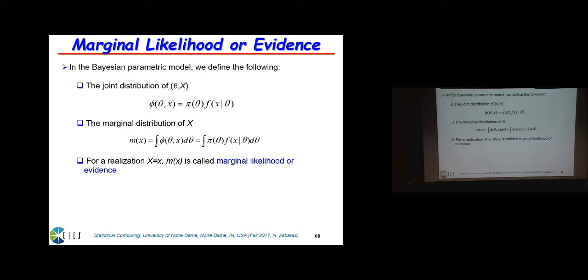If, however, your objective is to compare different models, so to do what's called model selection, then model selection will be based entirely on this marginal distribution of X. At the end of the day, you collect data X, and you want to figure out what is the model that gives you the highest probability, this marginal distribution of X. Because if you have two models to compare, who cares what parameters one model uses and who cares what parameters another model uses?